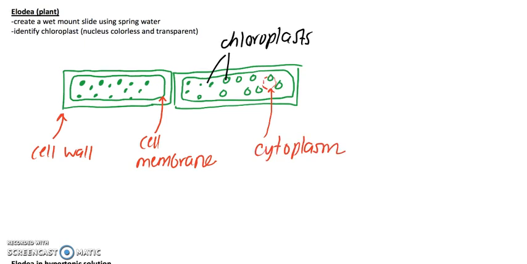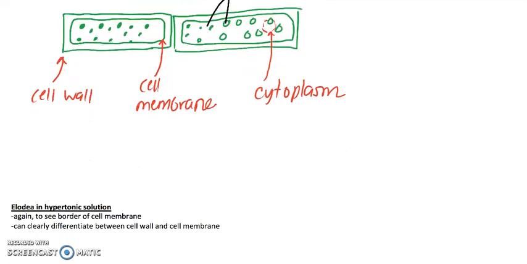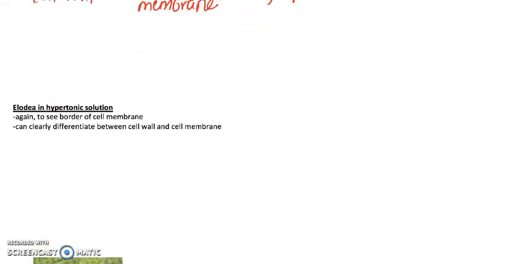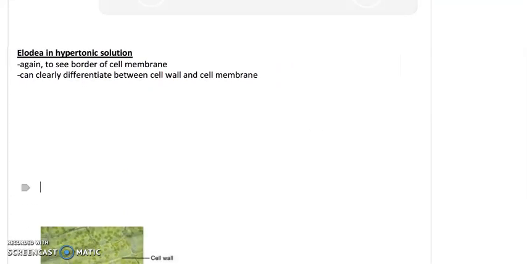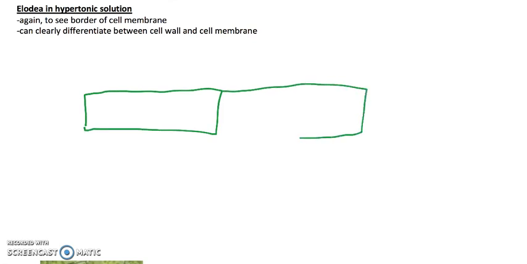And in this case, we can't really see the nucleus because it is colorless and transparent, so you don't have to worry about finding that in this structure. Now if I were to place my elodea in a hypertonic solution, I'd be able to see the clear distinction between cell membrane and cell wall, just like for the onion cell.